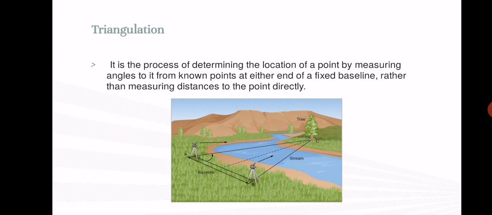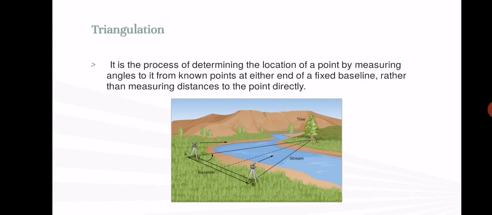This scenario suggests that a tree is being observed by two different points separated by a distance considered as baseline.